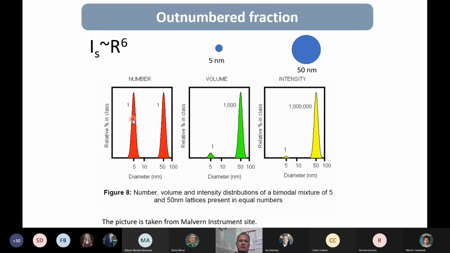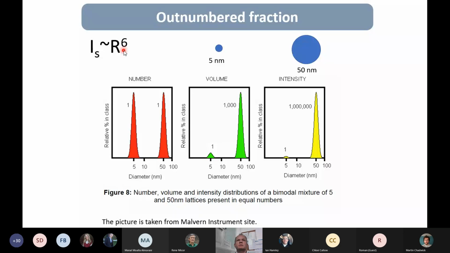That happens again because of this r to the power 6 dependence. So your large objects, large aggregates, several hundred nanometers, just outweigh the scattering from your single small stuff.